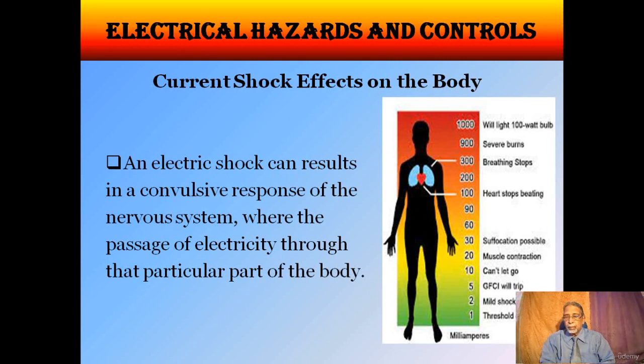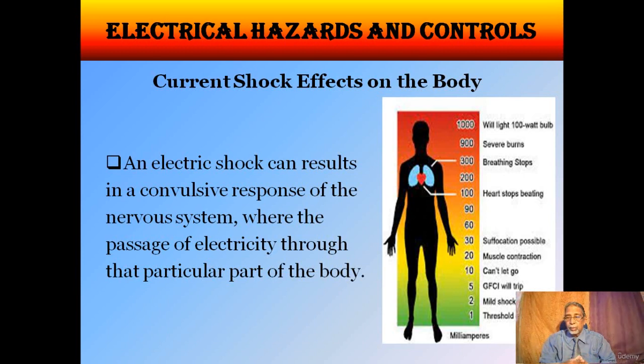When it rises to 10 milliamperes, you can't let go of the shock. When it rises to 20 milliamperes, you will get muscle contraction. At 30 milliamperes, you will get suffocation.